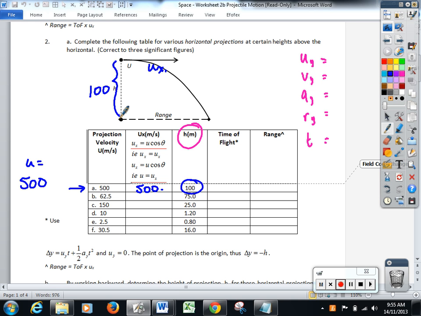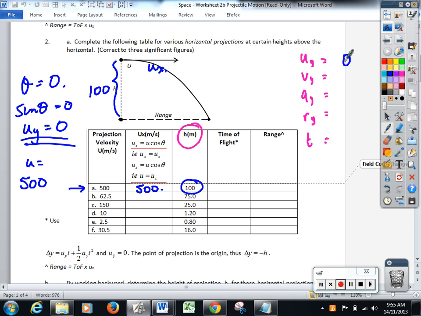So, if we start with UY, what do I know in a horizontal projection automatically UY equals? What is UY? It's a set value. 0, because theta equals 0. There is no projection angle. In other words, it's not projected up. If theta equals 0, sine theta equals 0. Therefore, UY must automatically always, no matter what, without exception, equal 0. Excellent.